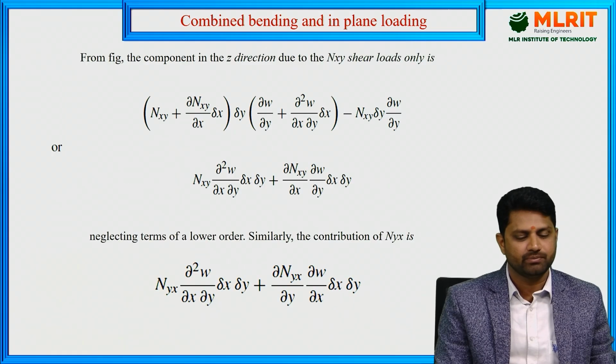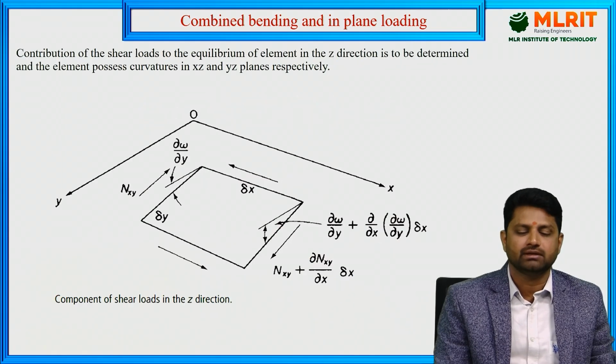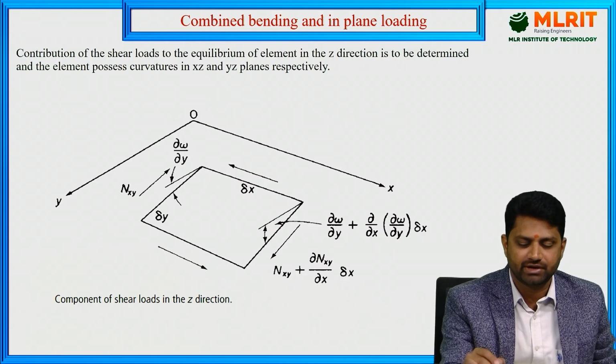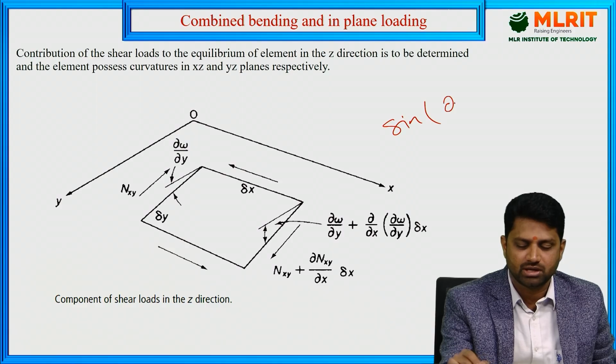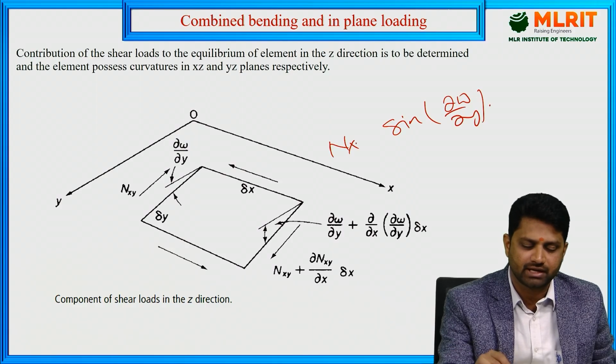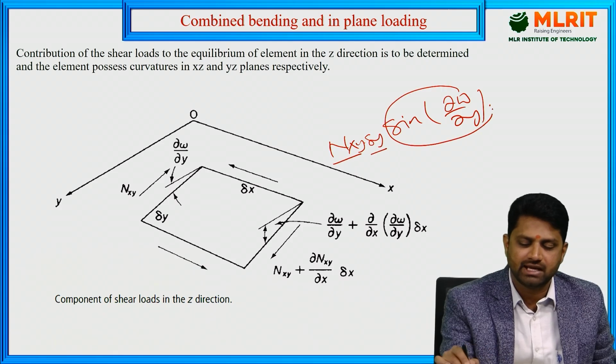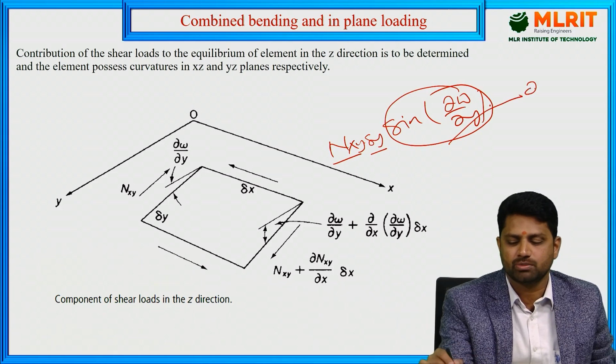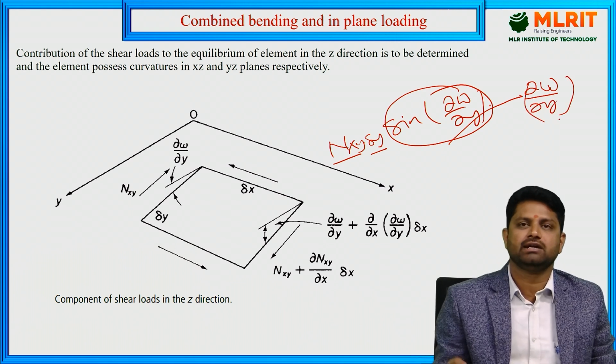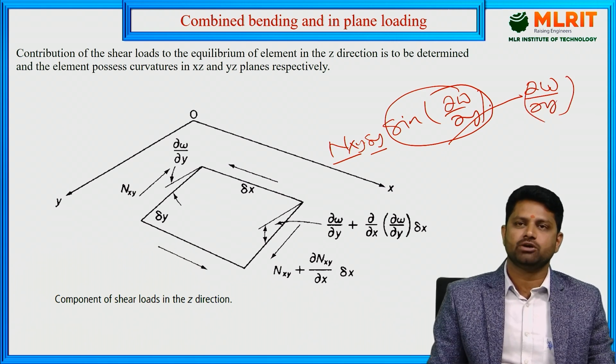So now, the sine of the component, sine of ∂w/∂y, into Nxy into delta y. Sine theta can be approximated to theta, so we can write sine of ∂w/∂y simply as ∂w/∂y.